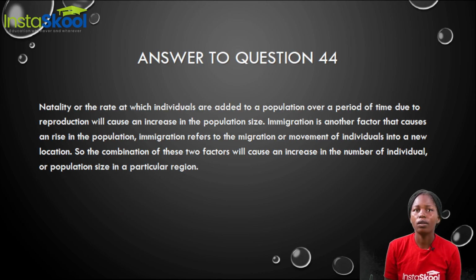Now when we talk about natality rate, this is the rate at which individuals are being added to the population due to reproduction, that is, natality rate is equal to birth rate. This will definitely cause an increase in the population size.